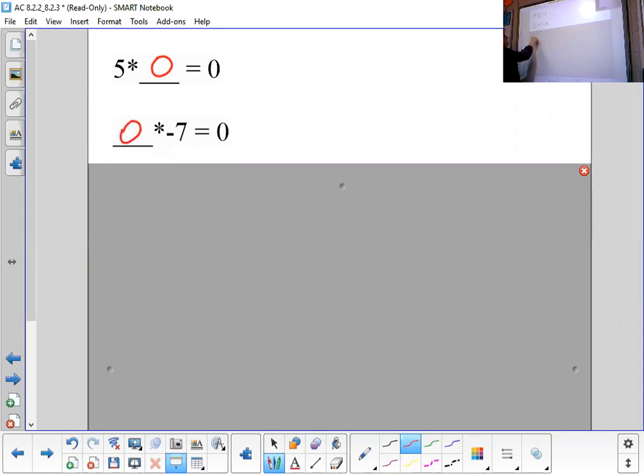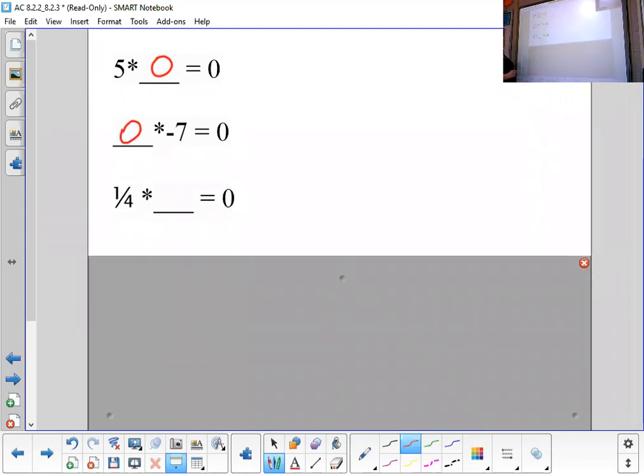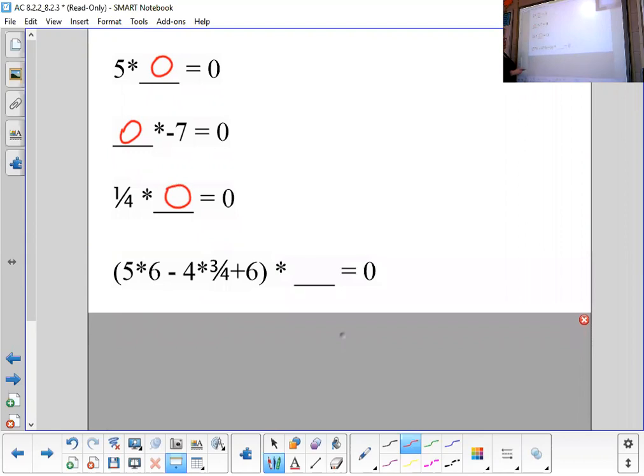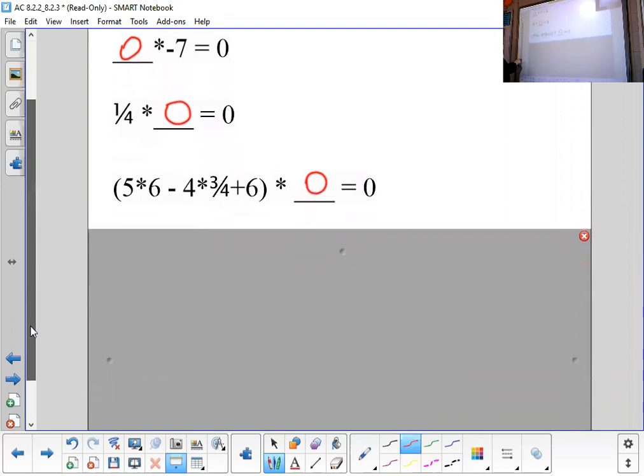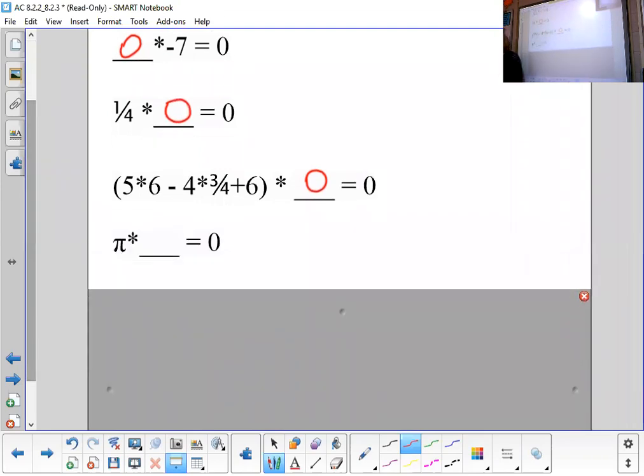Okay. Now I am doing 1/4 times a number and I get 0. It's still 0, huh? What if I do 5 times 6 minus 4 times 3/4 plus 6 times a number and it equals 0? X equals 0. What if I do pi times a number and I get 0?